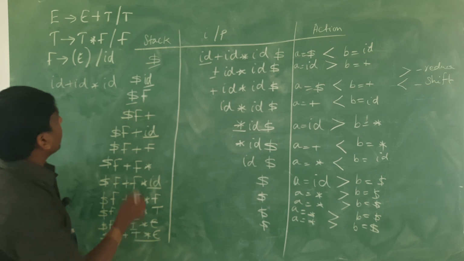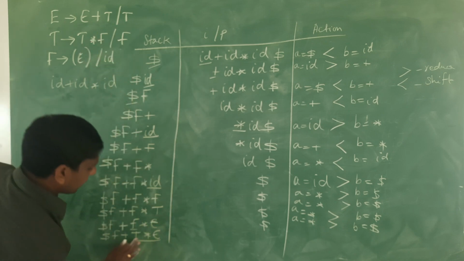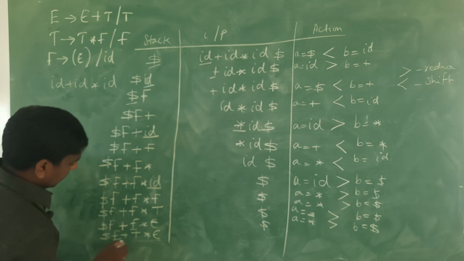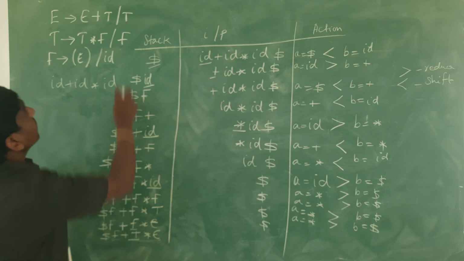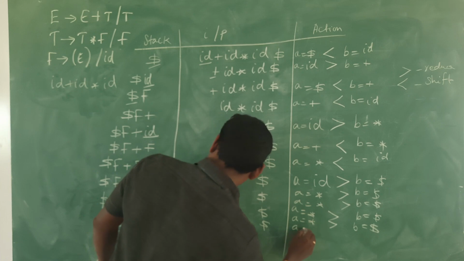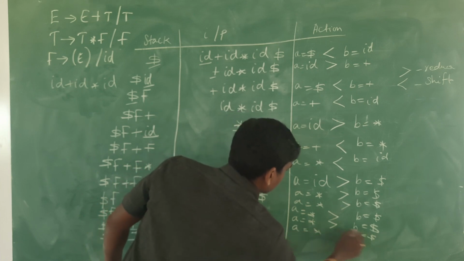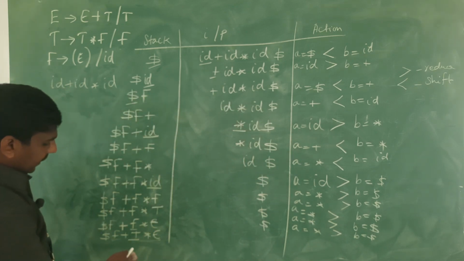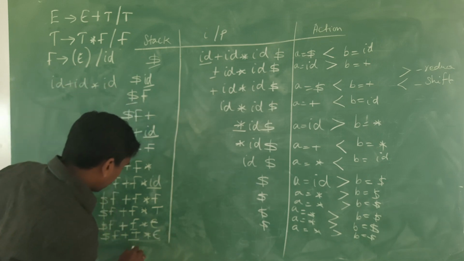Yes, T star E has a handle. It doesn't have a handle as written, but f has a handle, and T has a handle, that is E. So a equal to star, b equal to dollar, so it is reduce. Again you reduce with this E, and then reduce this f with the handle. If you do this process, finally you will get dollar E.